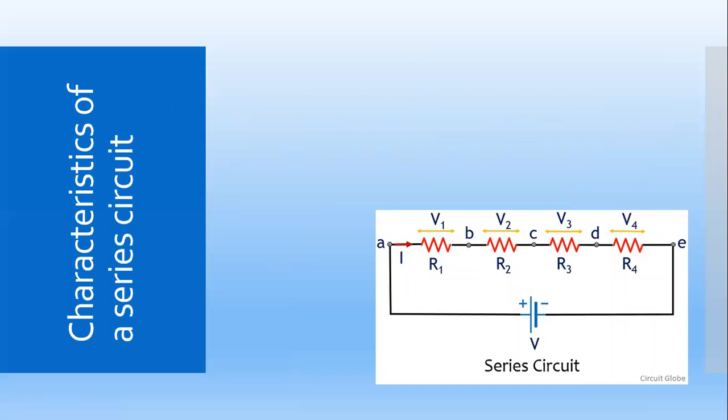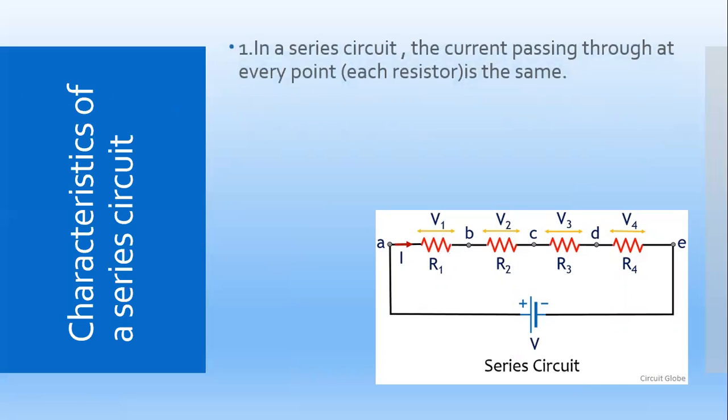Characteristics of a series circuit. When the resistors are connected in series, there are some characteristics which the series circuit obeys. The first characteristic: in a series circuit, the current passing through every point and each resistor is the same. For example, this battery provides the voltage, and the current passing through each resistor is the same.